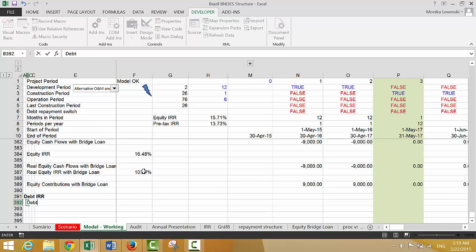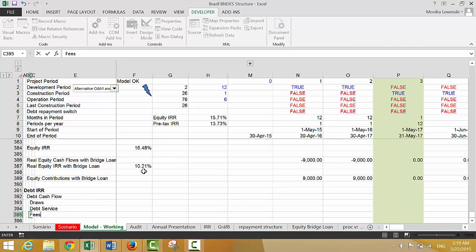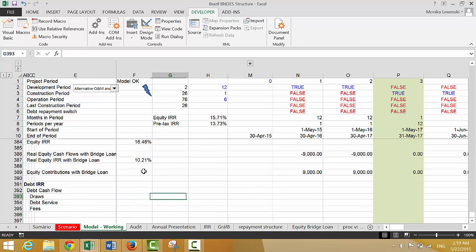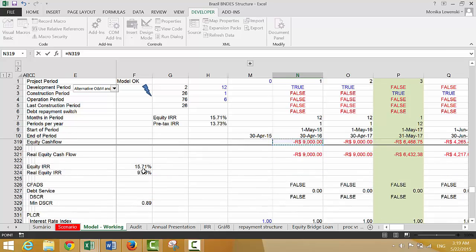So let's put debt cash flows, and we put draws, and then we put debt service, but then we don't forget fees. Okay, so our draws are right up here.